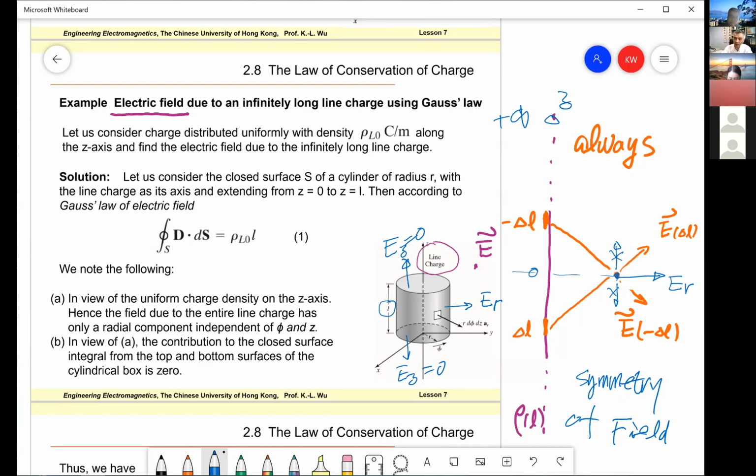Gauss's law tells us the flux of D equals the total charge inside this surface.